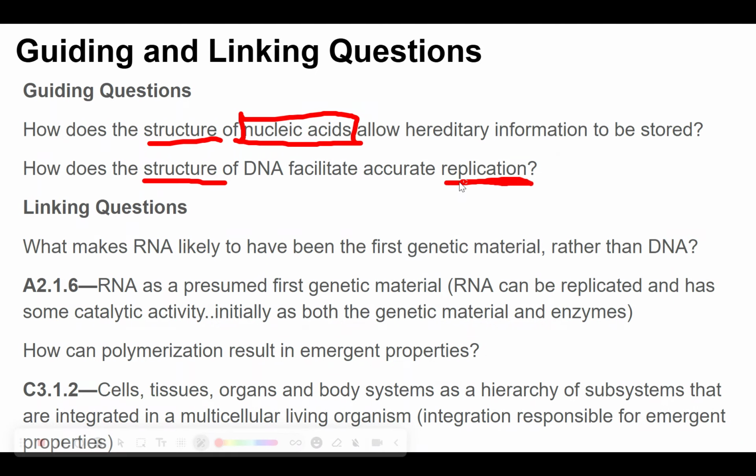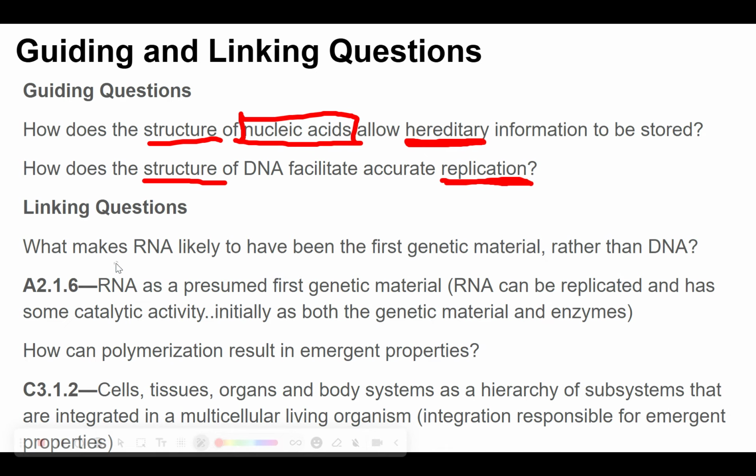This DNA needs to be able to replicate itself. It needs to be able to store and pass on information so that life can continue to evolve. And that's, I think, why they chose these as guiding questions.